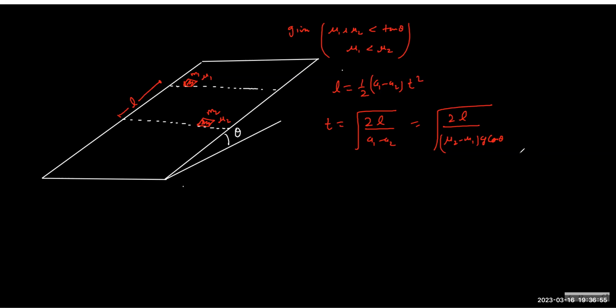Fine. So let's say 0.2, 0.1, 2 into 1 meter. If I put 2 meters, and g is 10, and cos theta if I take as 60.